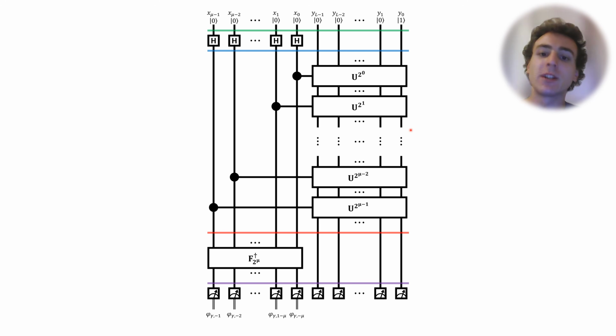So we have a sequence of controlled unitary gates. And over here we can see the inverse quantum Fourier transform being applied to register X, and that involves mu qubits. So this is the mu qubit inverse quantum Fourier transform. And at the very end, we can see measurement gates. And poking out of these measurement gates, we can see double lines.